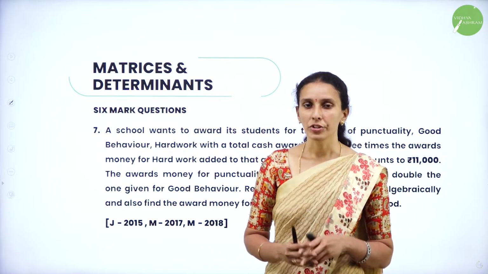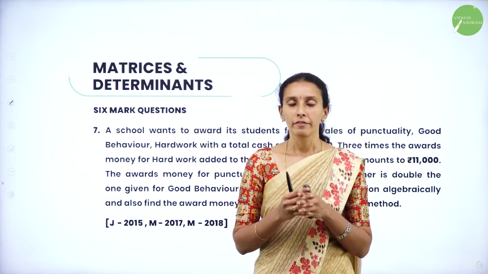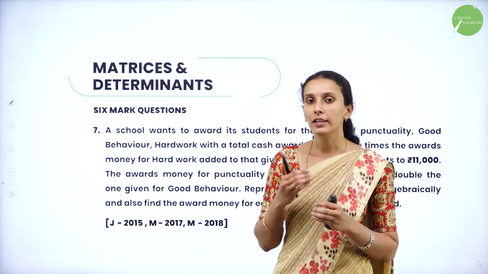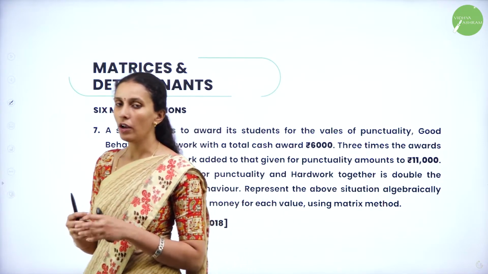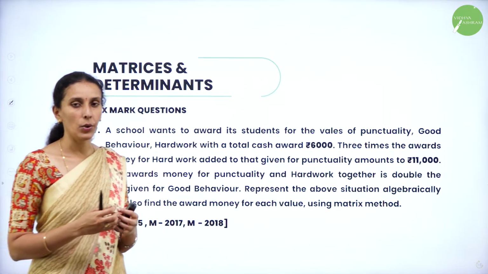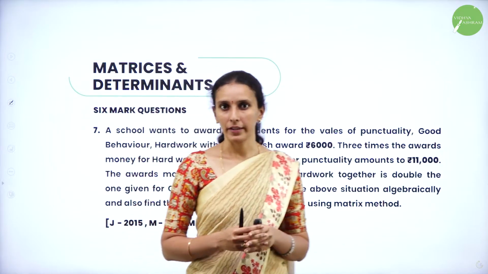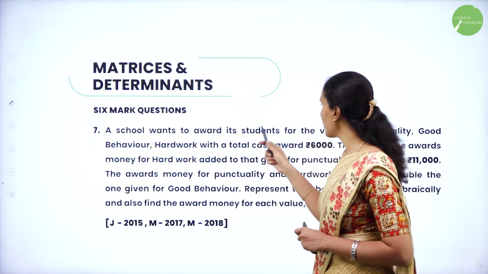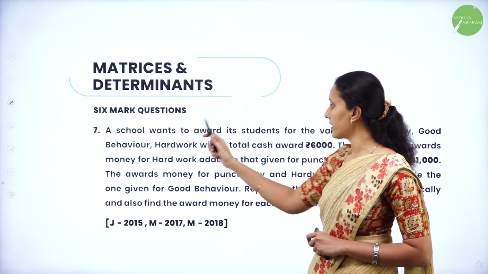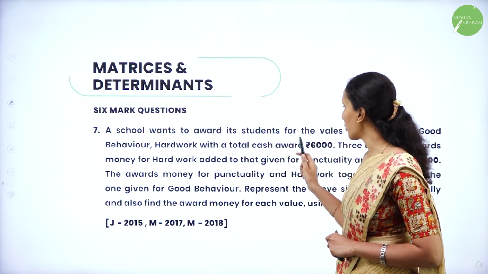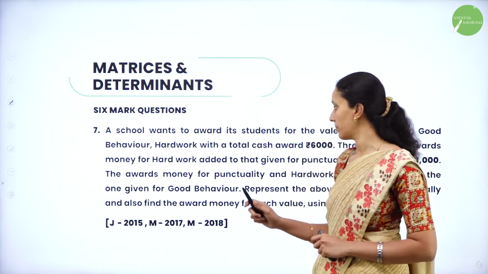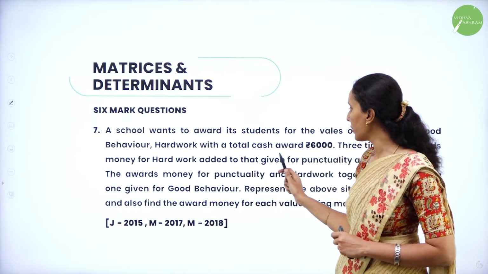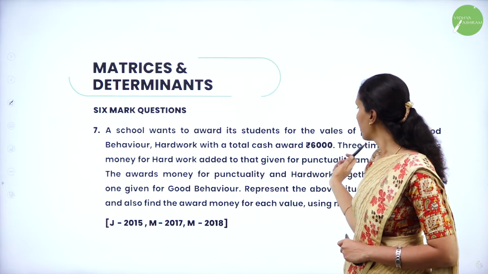All 6 marks questions will mainly be for the evaluation of simultaneous linear equations by the matrix method. Either they will give you a statement problem to solve, or they will give you direct linear equations to solve by the matrix method. So here I have taken an example: a school wants to award its students for the values of punctuality, good behavior and hard work, with a total cash award of rupees 6,000. 3 times the award money for hard work added to that given to punctuality amounts to 11,000.